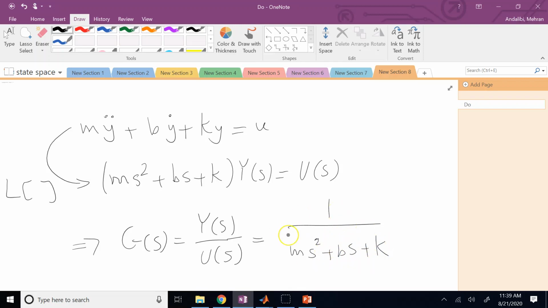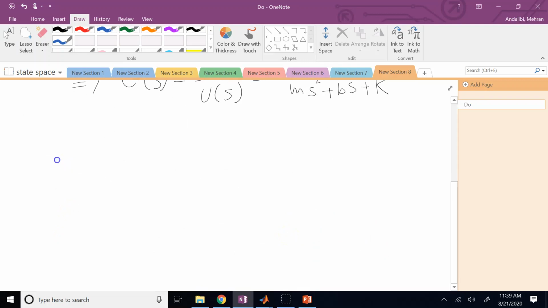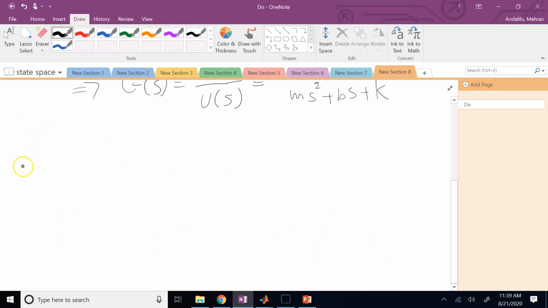Okay, so this is what I should get. Now, will I get that if I apply that formula? Well, let's see. It was C times (sI minus A) inverse B plus D. Now, C was basically 1 and 0.